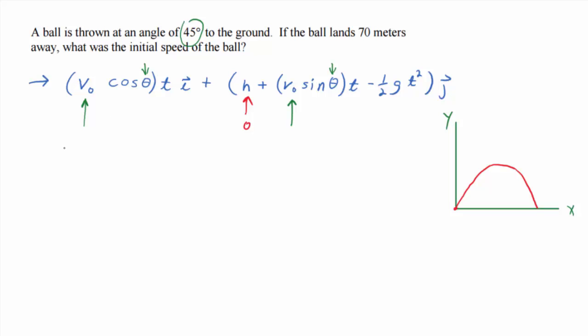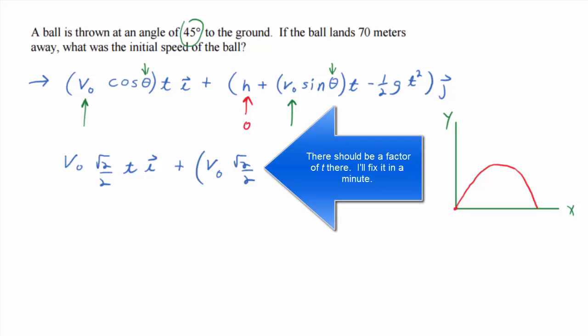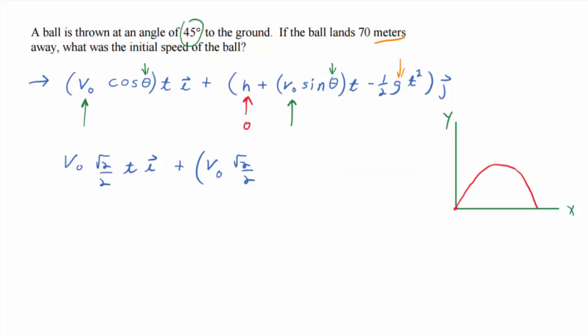So we get v naught radical 2 over 2 t times i, plus h is 0, plus v naught radical 2 over 2 t minus, since we're in meters, and if you're not told otherwise, you can assume t is in seconds, the gravitational constant is 9.8 meters per second squared.